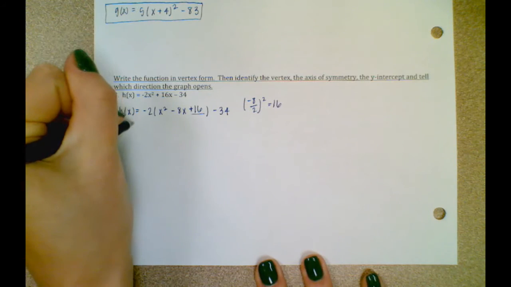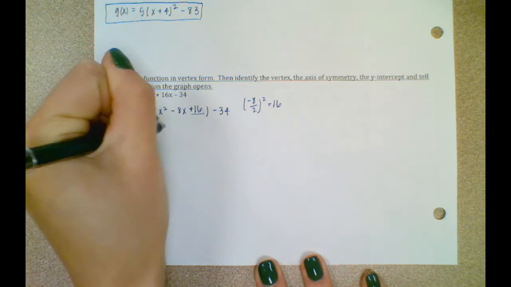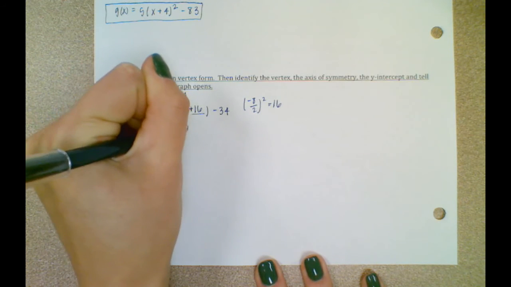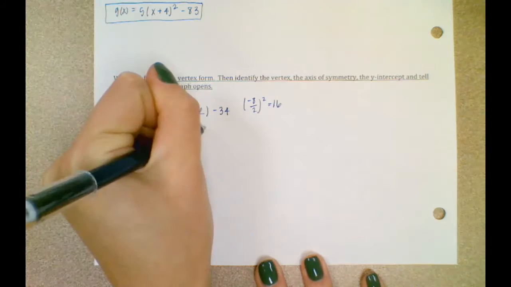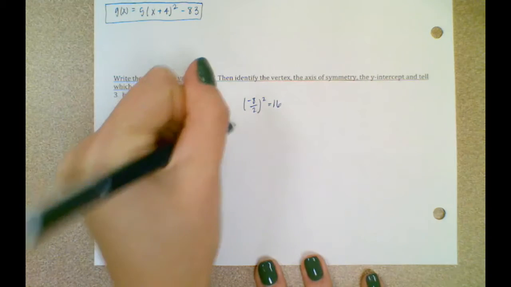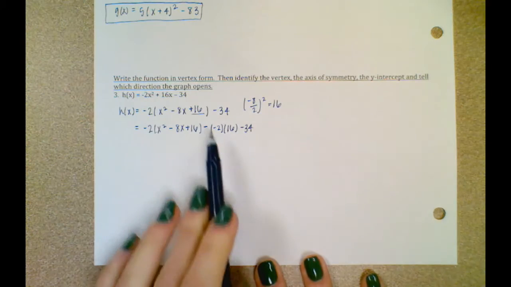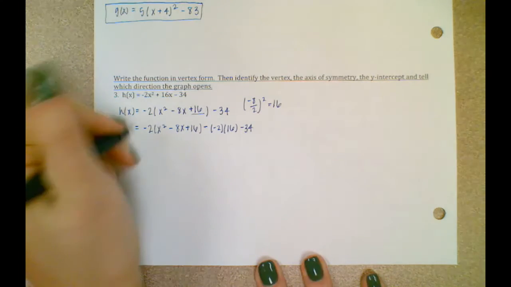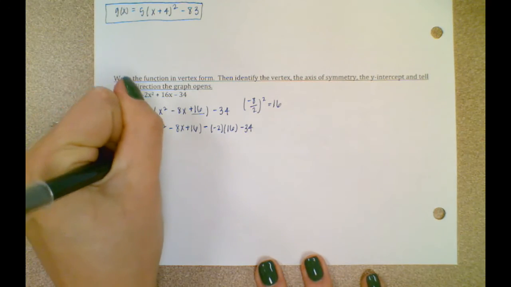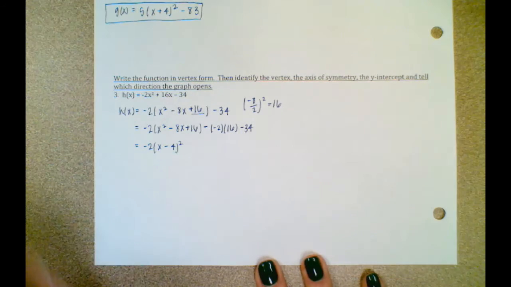All right, then this gives me negative 2 times x squared minus 8x plus 16 minus, my leading coefficient was negative 2. When I completed the square, I got 16. Okay, don't forget to subtract by that product, all right? So this gives me negative 2 times x minus 4 squared, right?